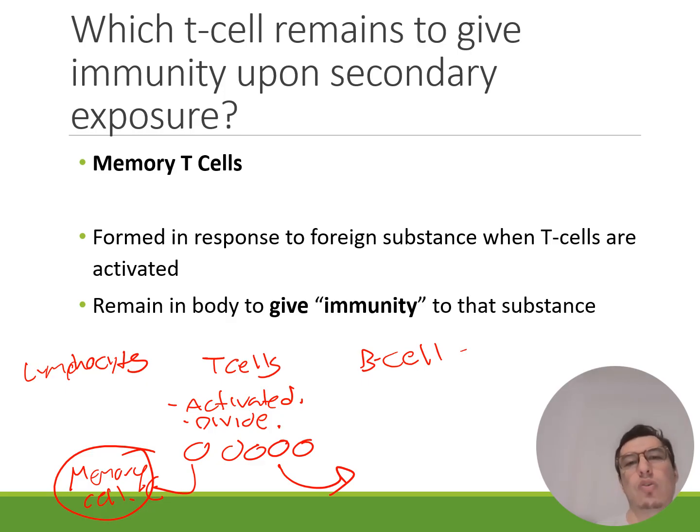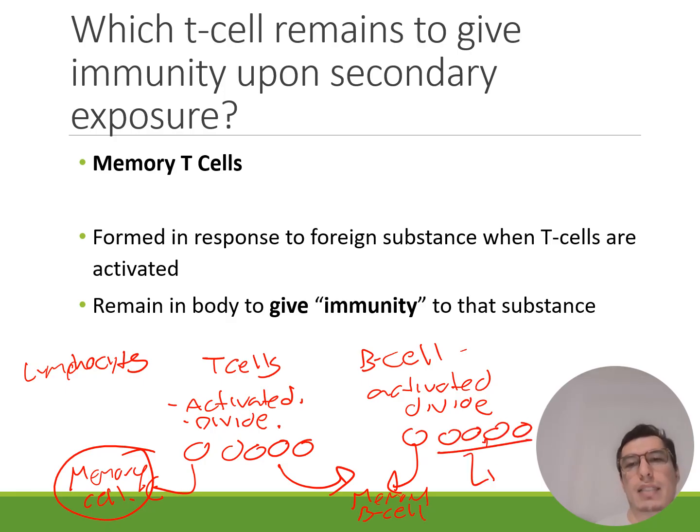The same goes for B cells. Once they become activated, they will start to divide, and some of them will become memory cells, memory B cells, and a great portion of them will go on to become plasma cells to create antibodies.